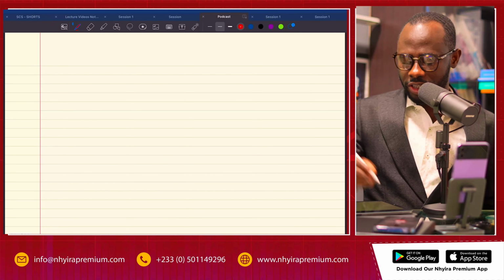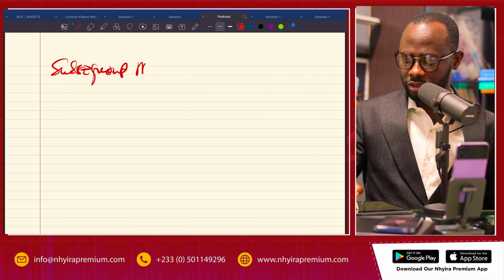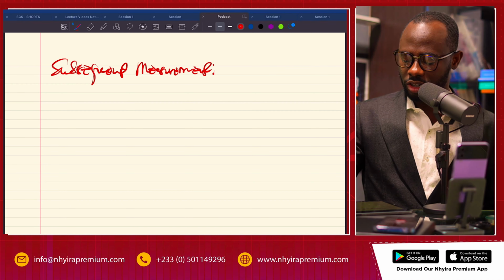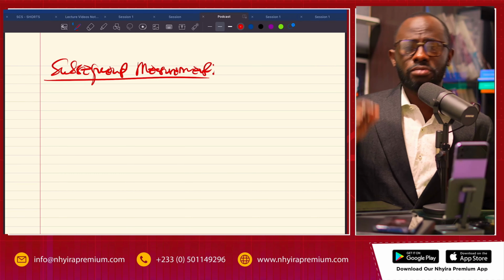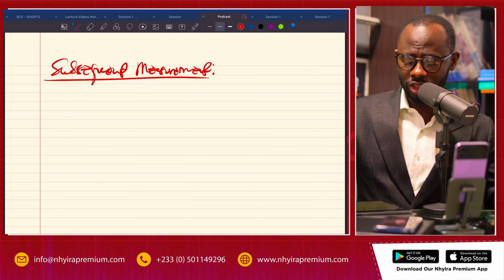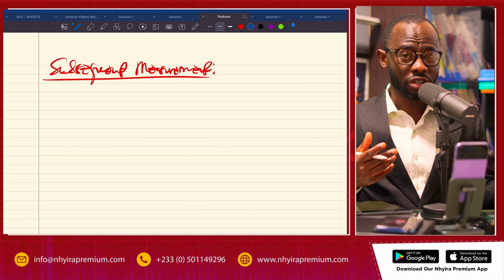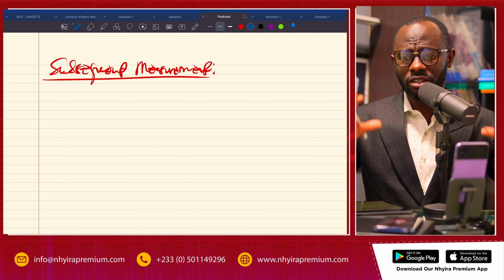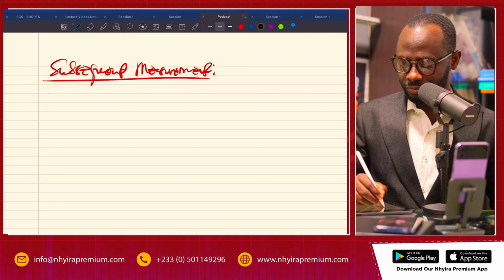On subsequent measurement, it's very important we know how the treatment is supposed to be done. So subsequent measurement. Stay with me carefully. On subsequent measurement, the treatment of the transaction would depend on whether the item is a monetary item or non-monetary item. And this is where it gets really interesting. So make sure you stay with me carefully here.